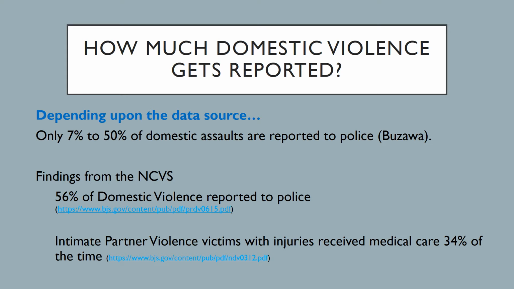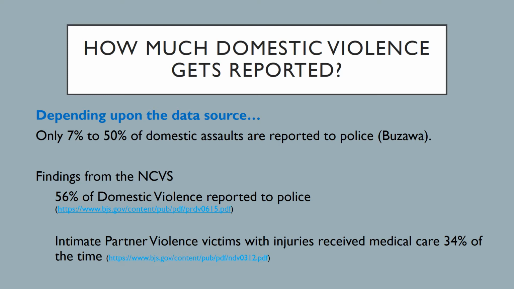And we'll talk about the reasons for that going forward. And even with other forms of data source, such as confidential or anonymous victimization surveys, not everyone's going to report everything. And sadly, victims don't always identify the abuse that they're suffering as actually being domestic violence.